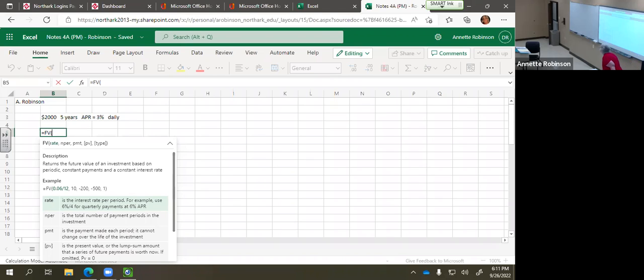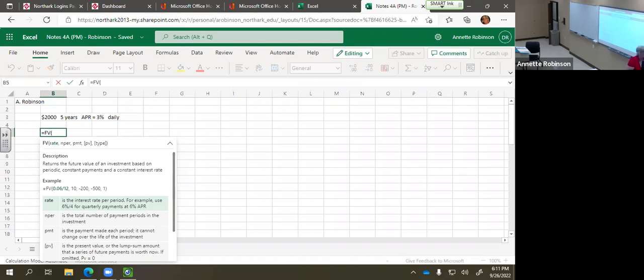Then it asks for the payment. Now, we don't have payments; we're not making payments in, so we will put a 0 there. Then we give the PV, the present value, how much we put into the account. The last thing it asks for is called the type, which is if you're paying at the beginning or the end of the month. We don't care. It can be omitted. So we're going to close a parenthesis.